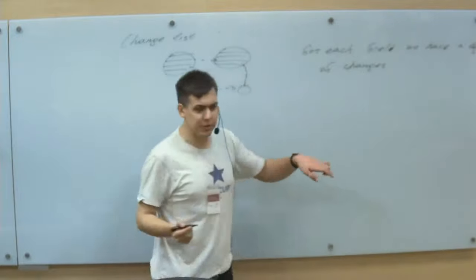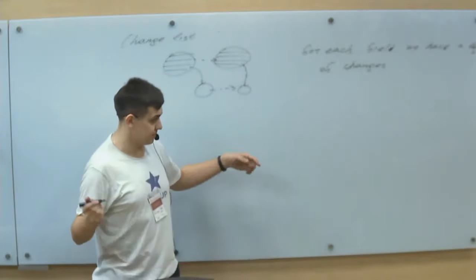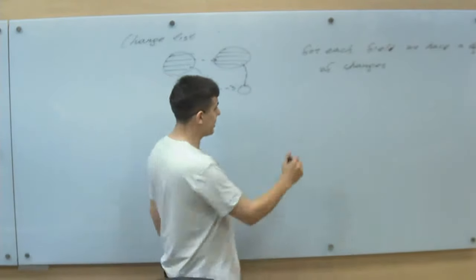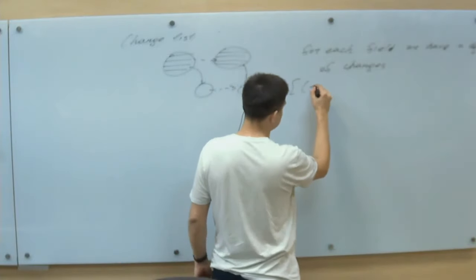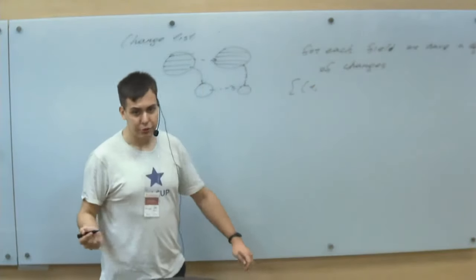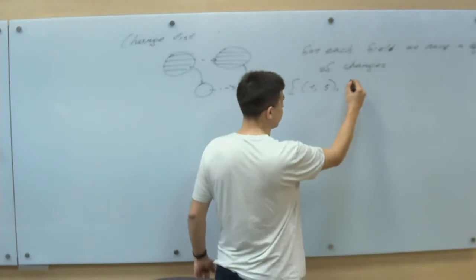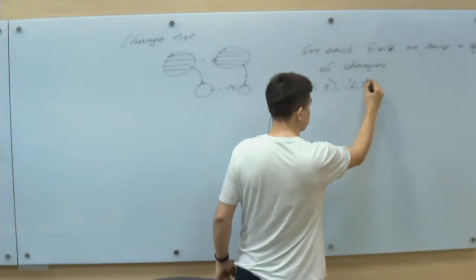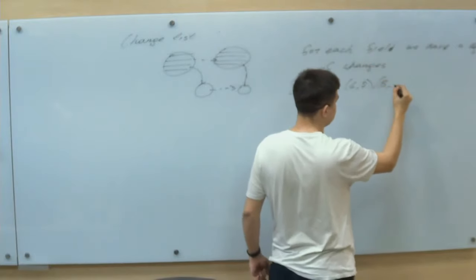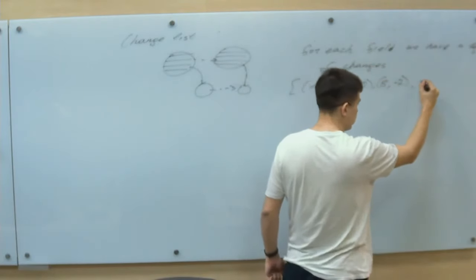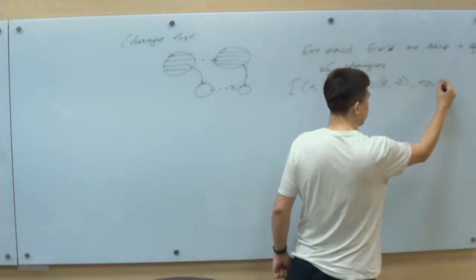It would look something like this. Basically, it's a list of pairs with a value. During version 1, this value was 5. Then on version 6, this became 2. Then on version 8, it became -2. Then on version 10, it became 5 again.